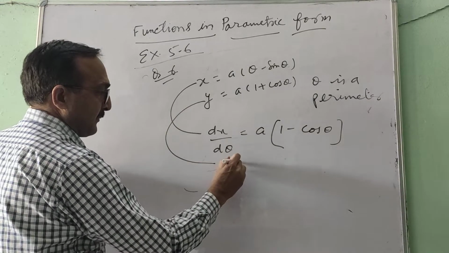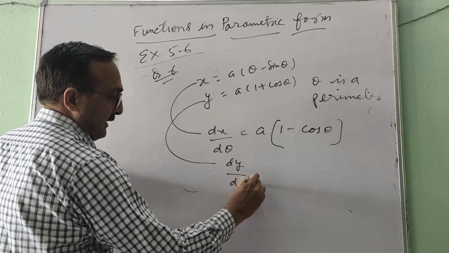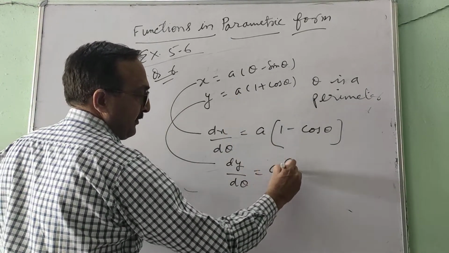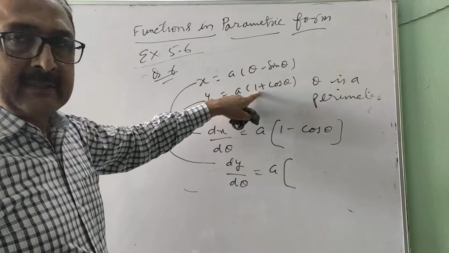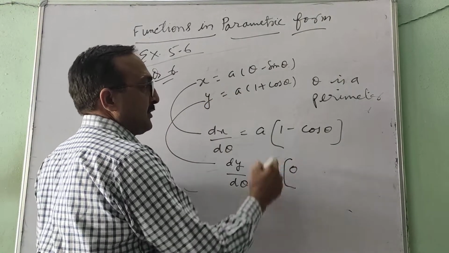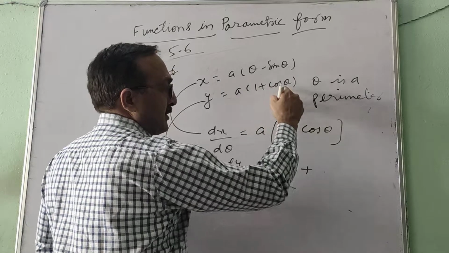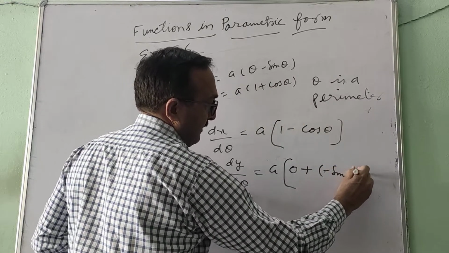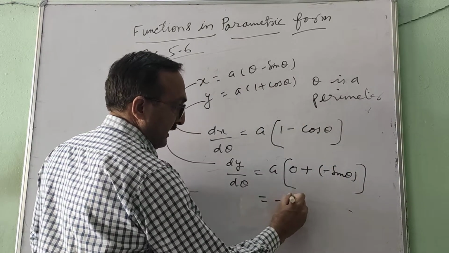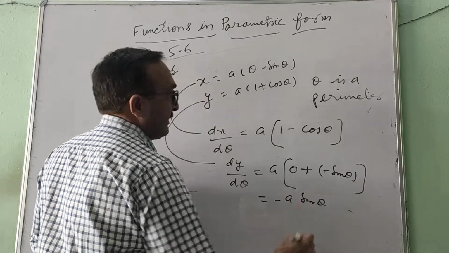And now it is dy upon d theta. What is it? a as a coefficient, and 1 differentiation, you know, it's a constant, becomes 0, plus cos becomes minus sine theta. I have written minus sine theta. It is minus a sine theta.